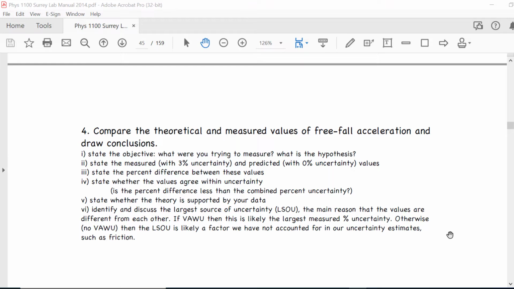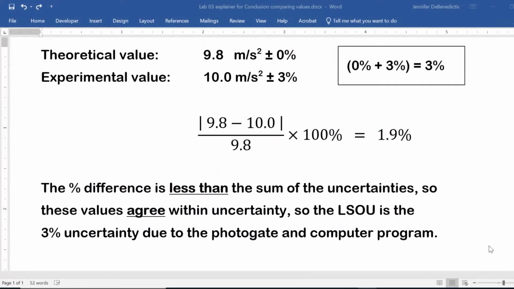And finally, the last item says, identify and discuss what the largest source of uncertainty was. Now what your answer here is going to be is different depending on what you answered to the previous questions. So it depends on whether your values agreed within uncertainty or not. So if your values agreed within the limits of uncertainty, so your percent difference was smaller than the sum of the uncertainties, then your largest source of uncertainty is whatever measured value had the largest percent uncertainty.